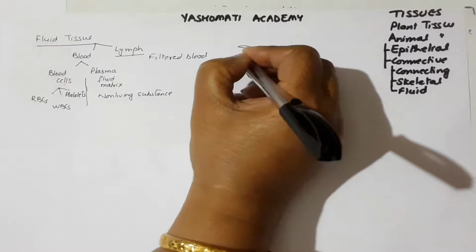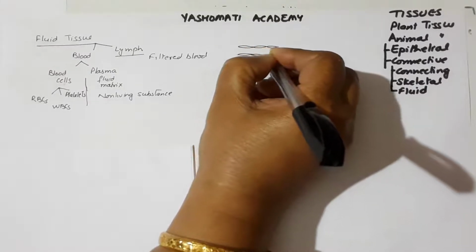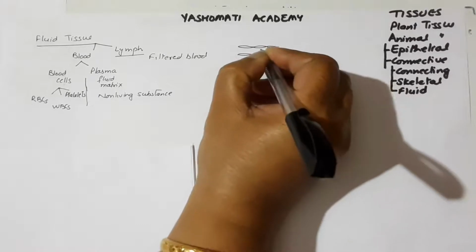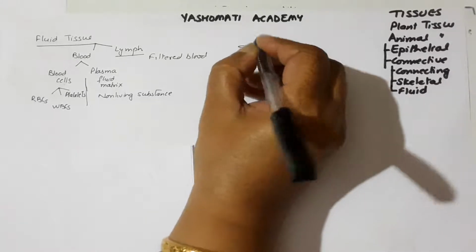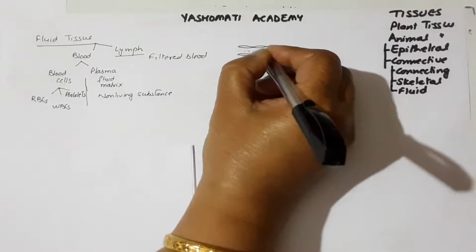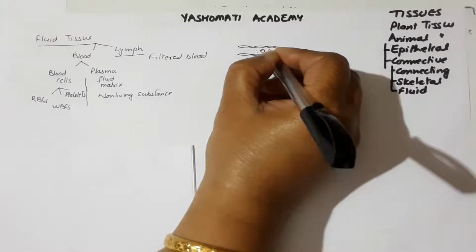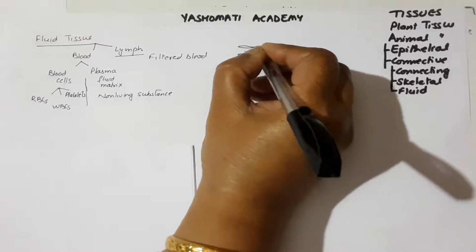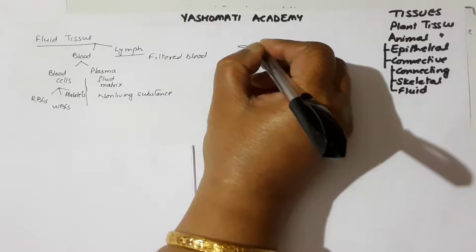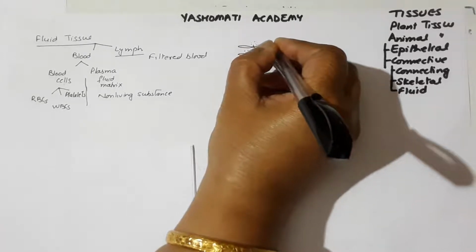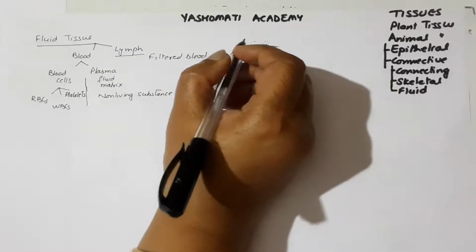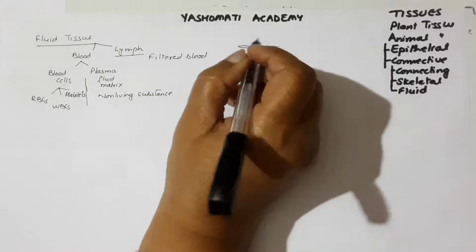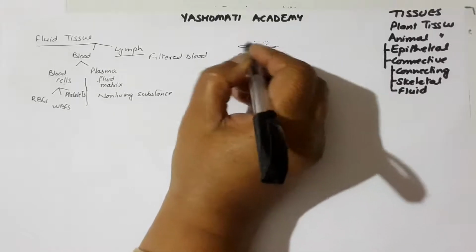So if this is a capillary, then when blood flows through it, the cells remain inside because they are bigger in size, whereas the liquid part oozes out and gets collected in the space in which the tissue is floating.